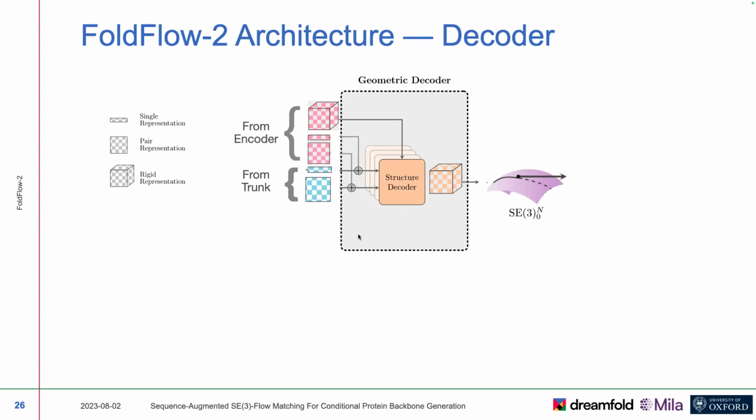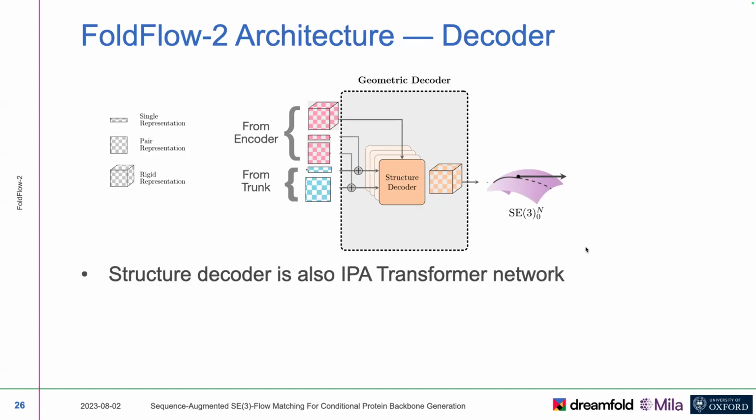The IPA transformer at the encoder also produces single and pair representations, and it produces a rigid representation. And so we do some skip connections before passing to the structure decoder. The decoder is also an IPA transformer network.